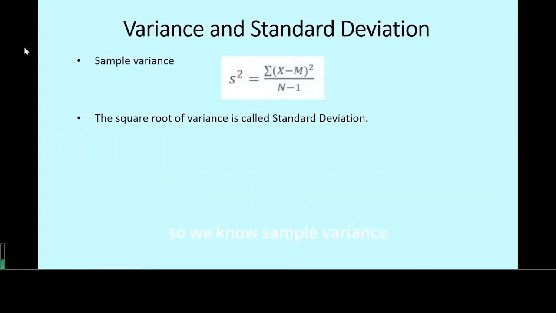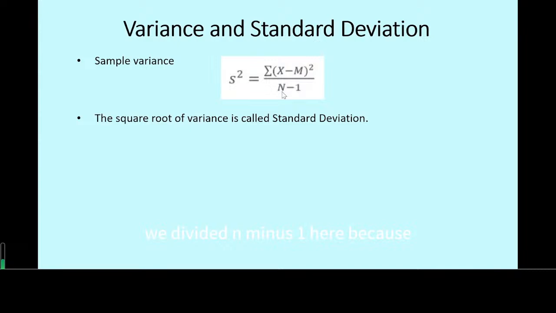In this video, we will show how to calculate variance and standard deviation using Python. So we know sample variance comes from this formula. So this is all the observations, and this is the mean value or average value of the sample. And we take the difference of these two and take a square and sum together, then divided by n-1.